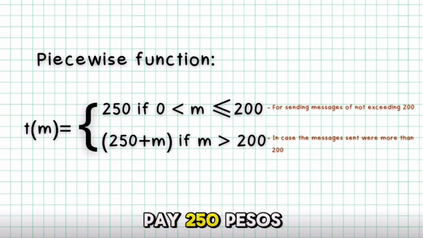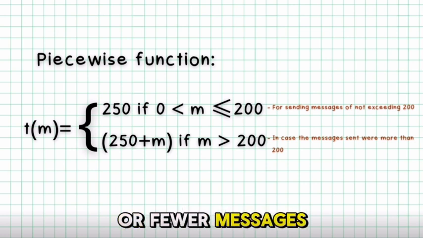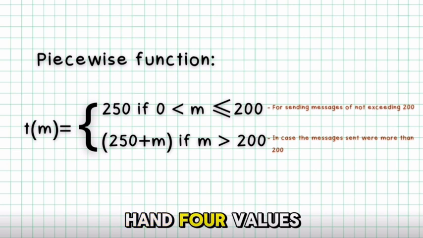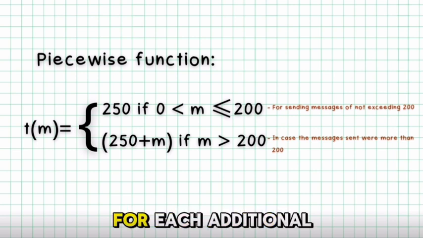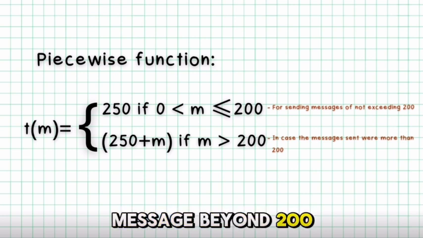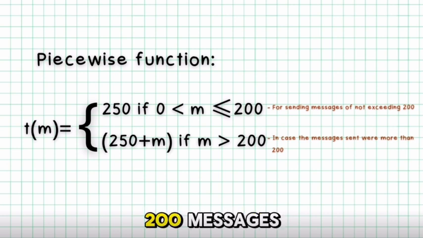This means you pay 250 pesos as long as you send 200 or fewer messages. On the other hand, for values of m greater than 200, the cost is 250 pesos plus 1 peso for each additional message beyond 200. So if you send more than 200 messages, you start adding 1 peso per extra message to the base cost of 250 pesos.